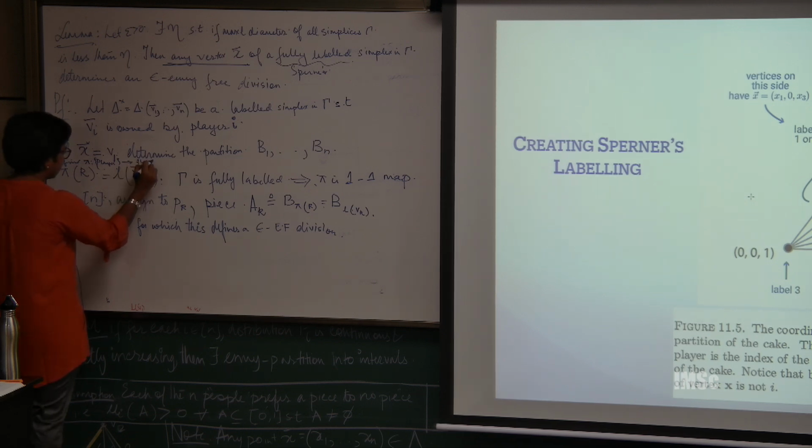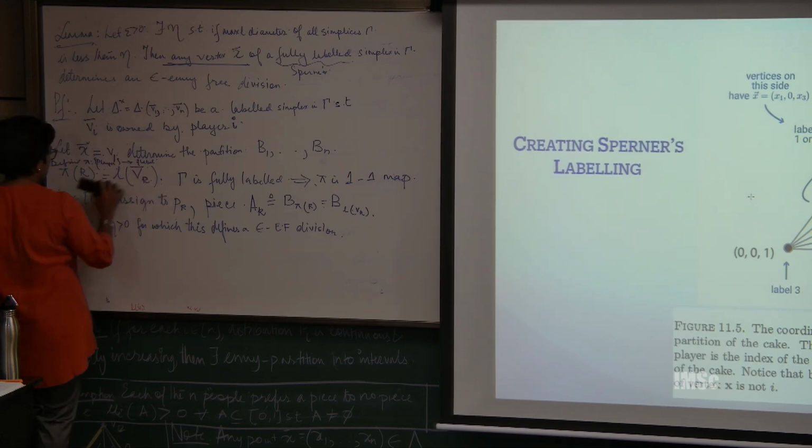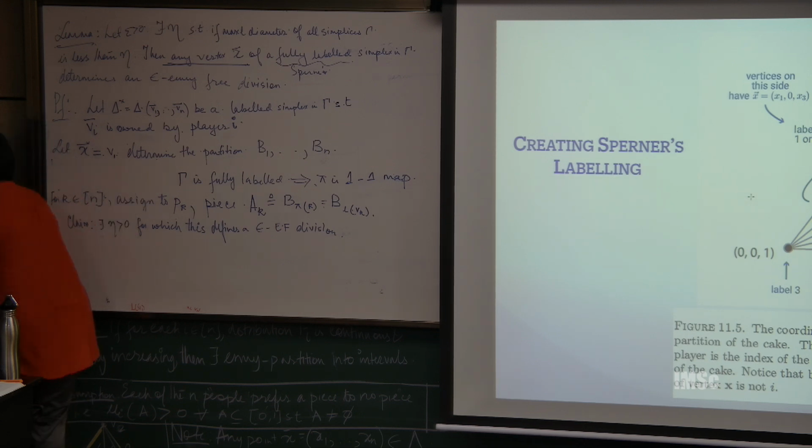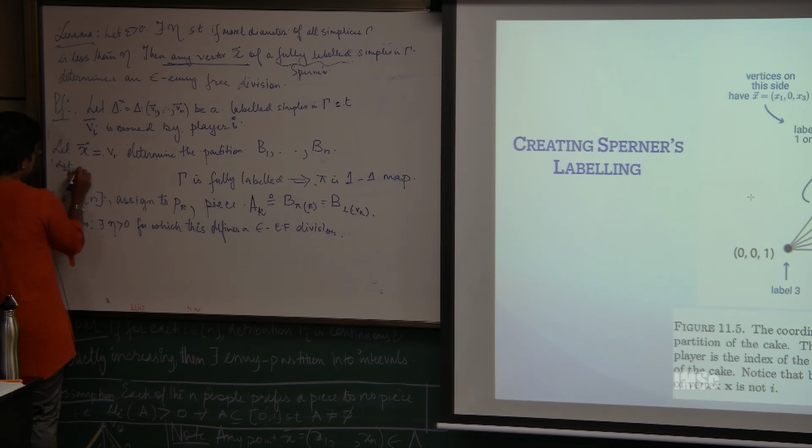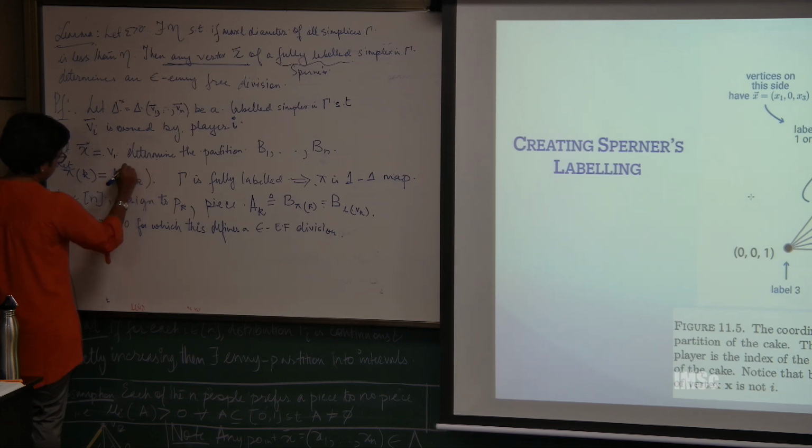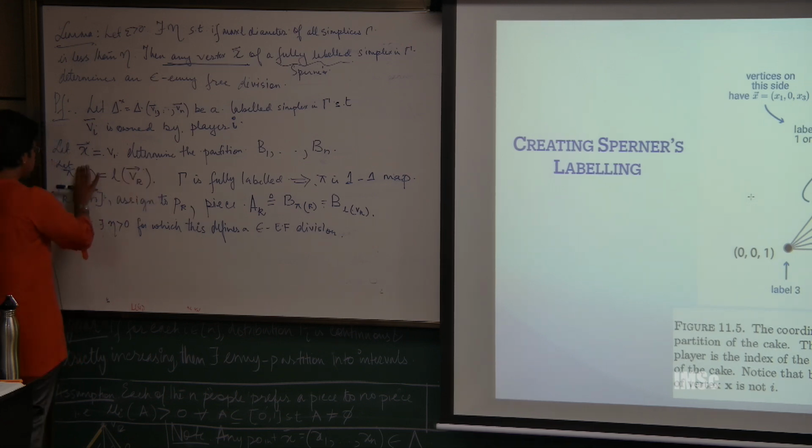Every index here is a player. I do not think this helps actually, not sure, just one second. I am trying to go fast, and in this, pi of k.